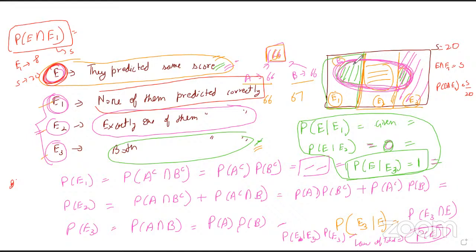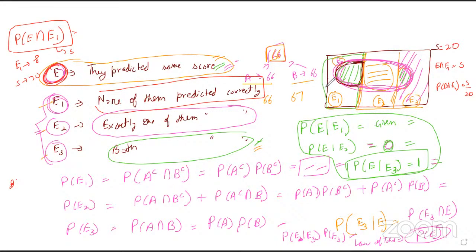So there was a confusion in understanding the question. Once I went through the solution, I found out that where I went wrong is that I considered this probability of both getting the same right score as 5 by the total sample space instead of 5 by the even.